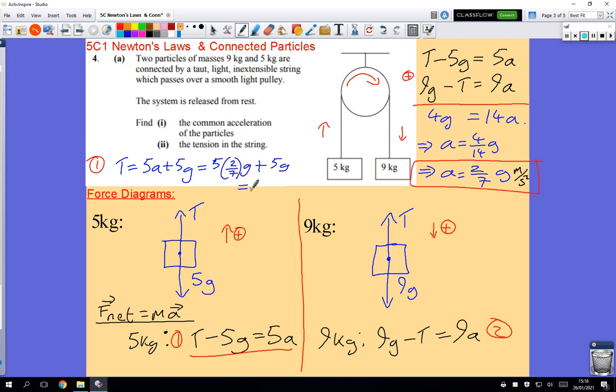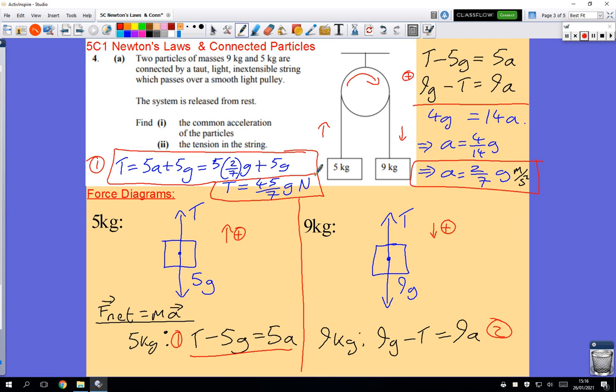So 10/7 g plus 35/7 g. I think it's going to be 45/7 of g. And this is a force, so that's going to be newtons. So there's my little calculation for T. My final answer for T is 45/7 g newtons. My acceleration is 2/7 g.